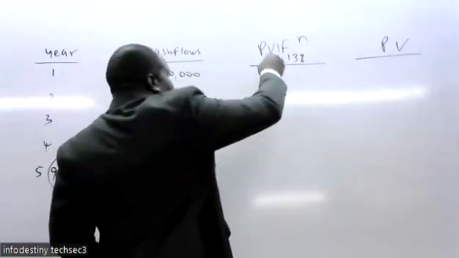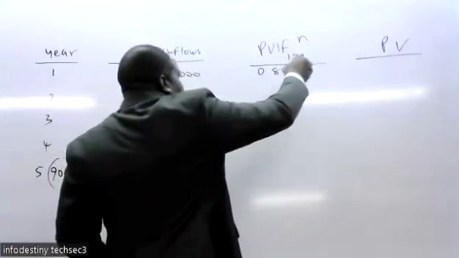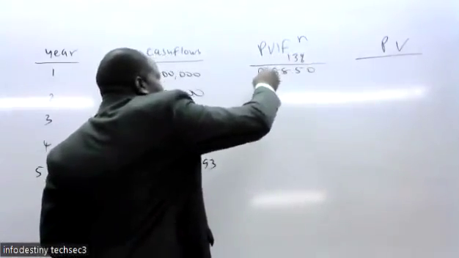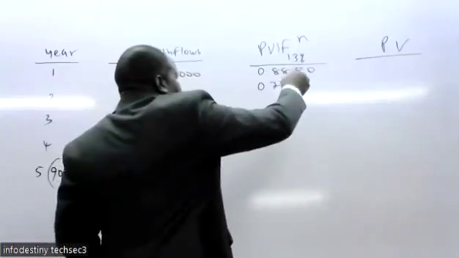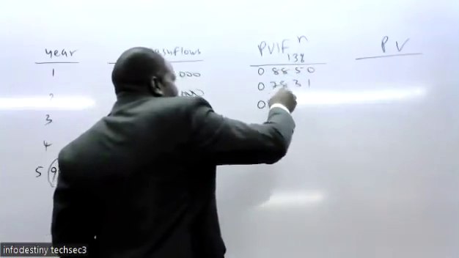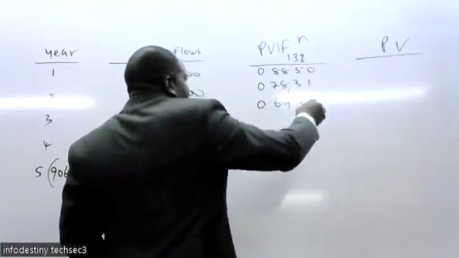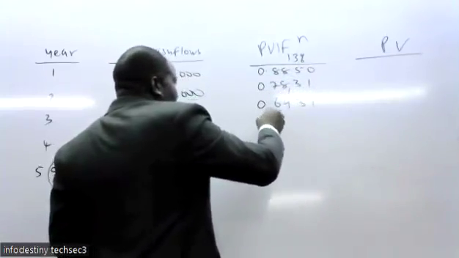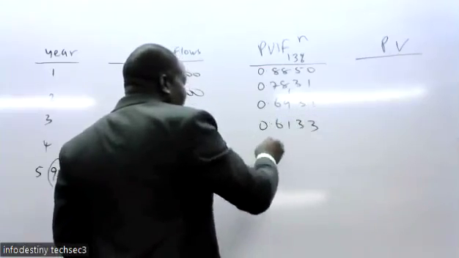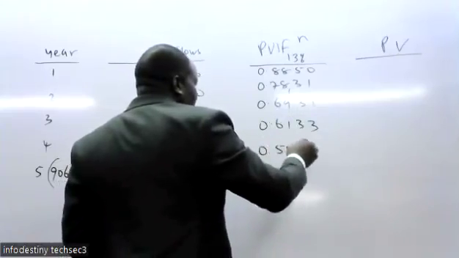You get 0.8850. How about year two? 0.7831. Year three? 0.6931. Year four? 0.6133. Year five? 0.5428.